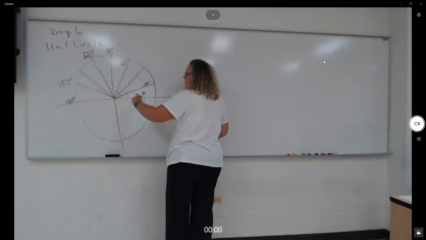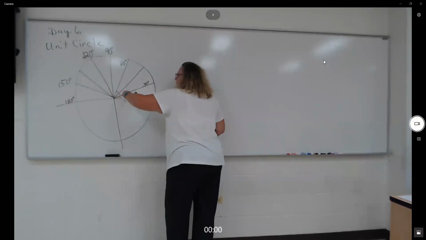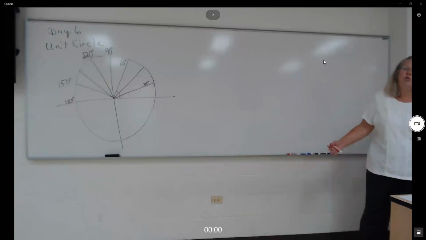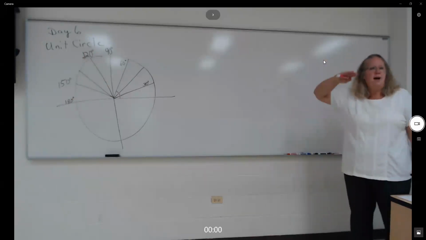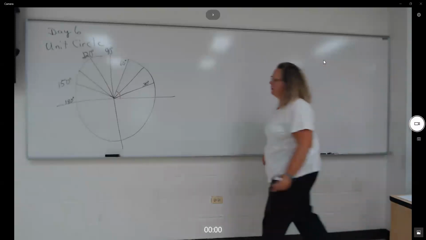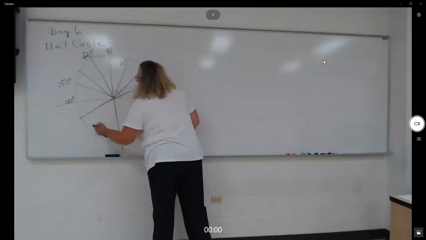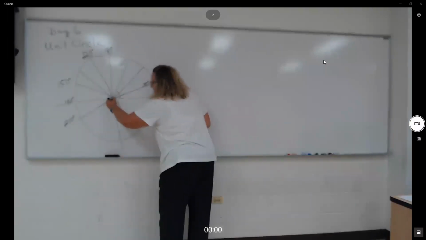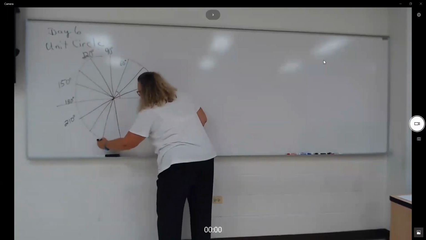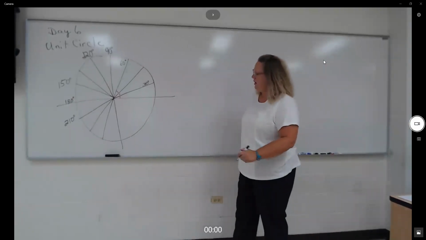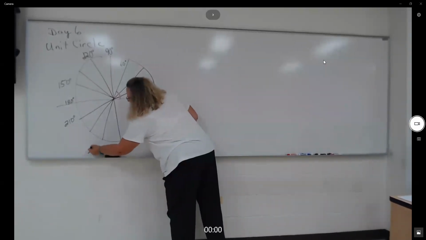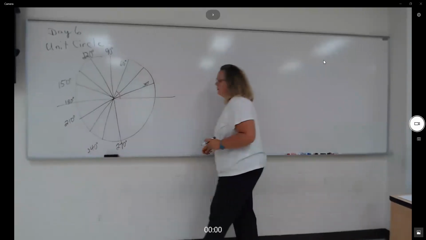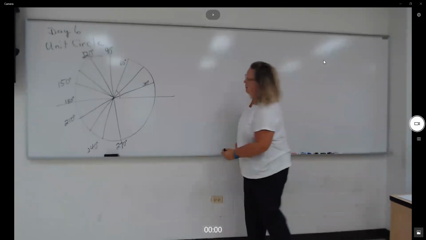Again, maybe that's good to see too: we're actually talking about this angle here. It's just easier to identify it at what's called the terminal ray, where the angle stops. All right, let's keep going. Another 30 takes us to 210, skip the middle one, and 30 takes us to 240, and then we're down at the bottom, 270.